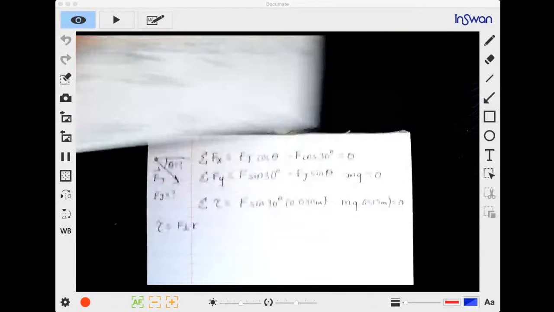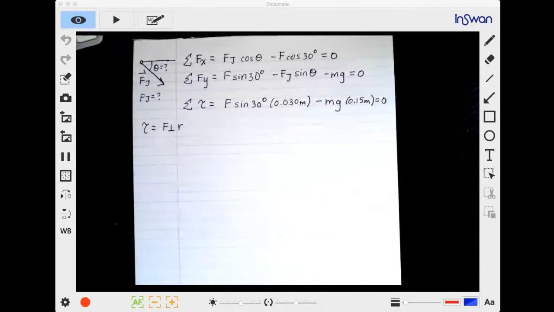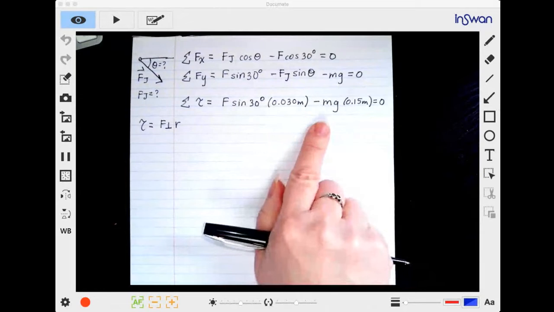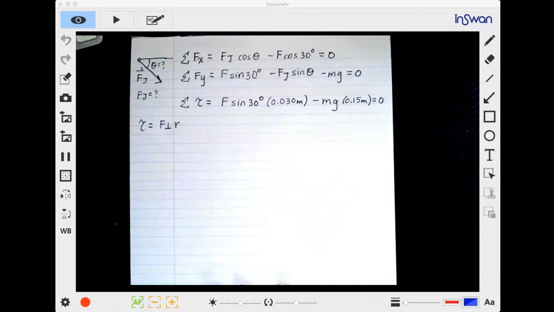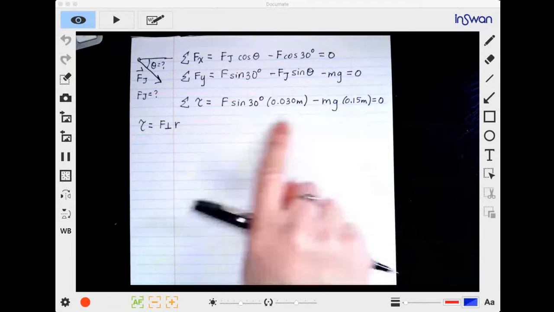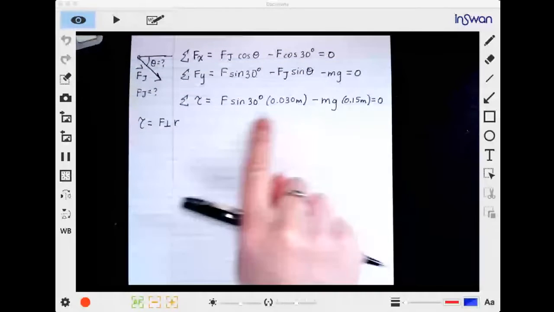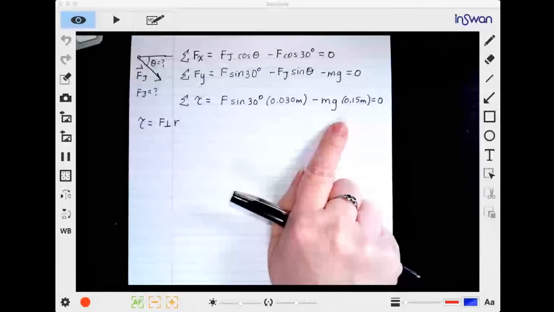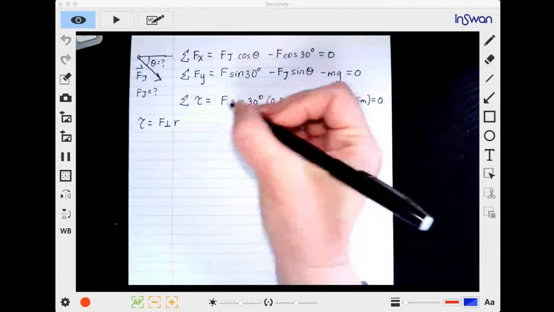Now I'm going to take our picture away here to make our lives a little bit easier. One thing you might notice right away is we do actually know the weight. We know m, so we can actually solve for F just using the torque expression. We have everything we need here. So I'm just going to simplify this a little bit.